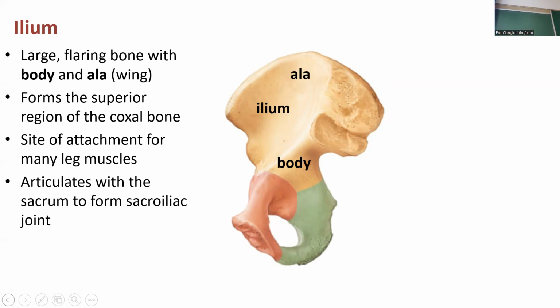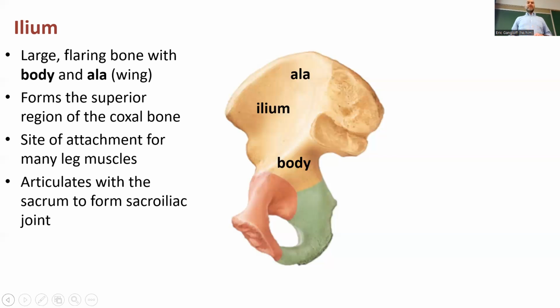The two primary parts of your ilium are the ala, this big flat wing-like structure, and then the body, which is the thicker part, more inferior. Lots and lots of leg muscles attach to the ilium, and we'll talk about those when we get to muscles in more detail.